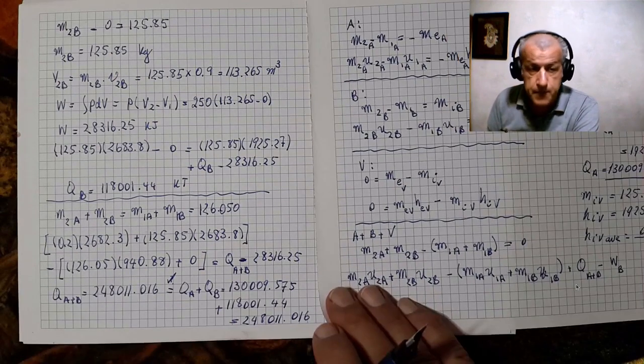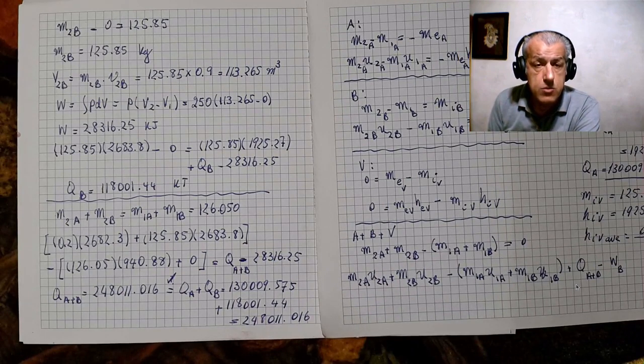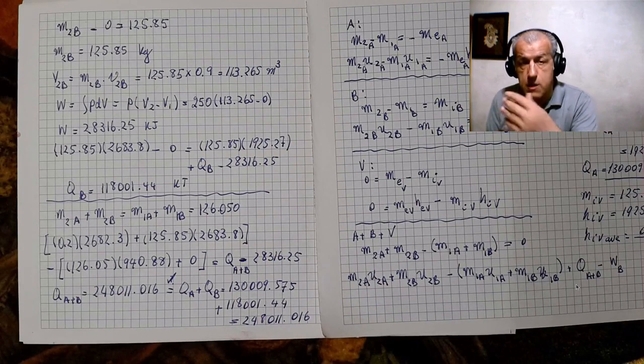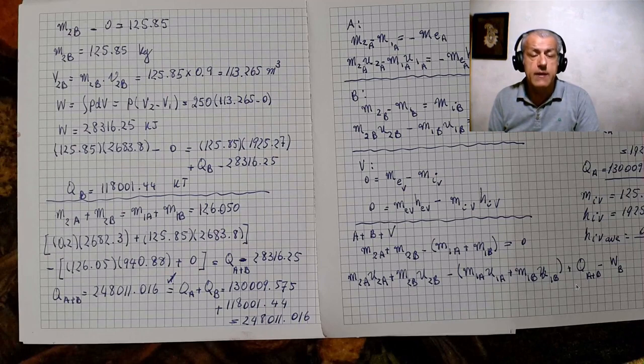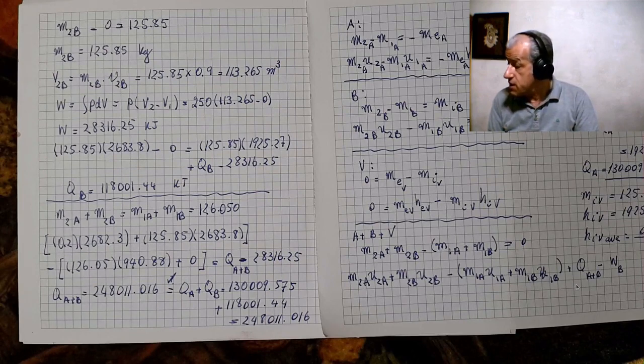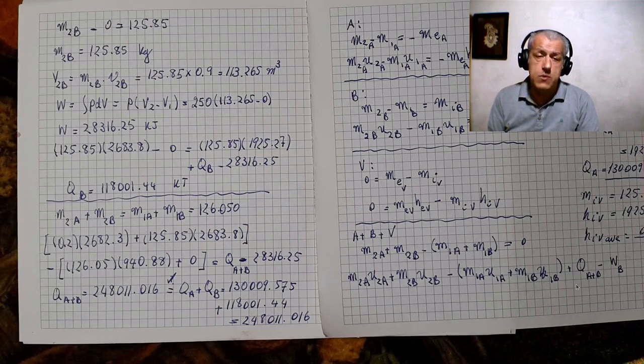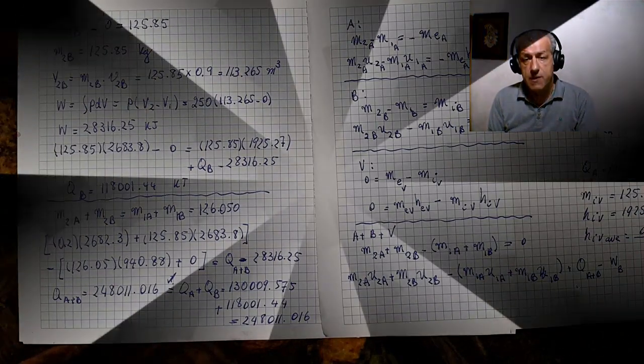So the total heat transfer equals the heat transfer from both A and B. They are both doing heat transfer, and our assumption of EA, which was the exit enthalpy of A, helped us to divide this heat transfer between A and B. This was the best assumption possible.